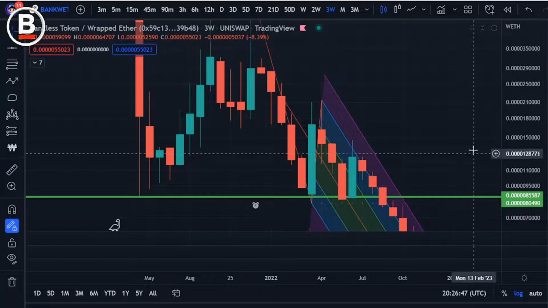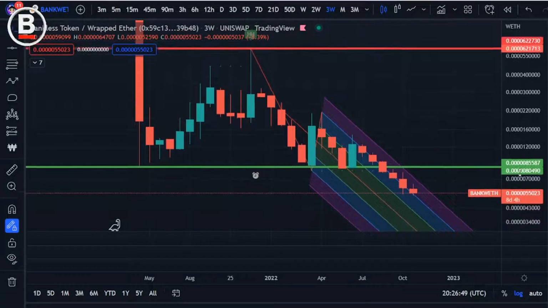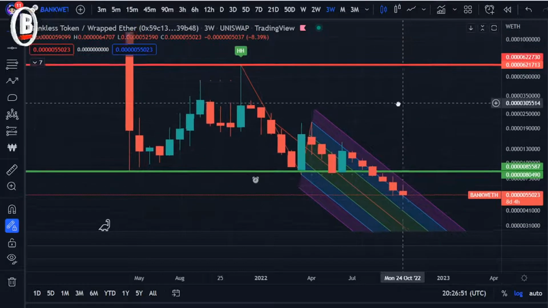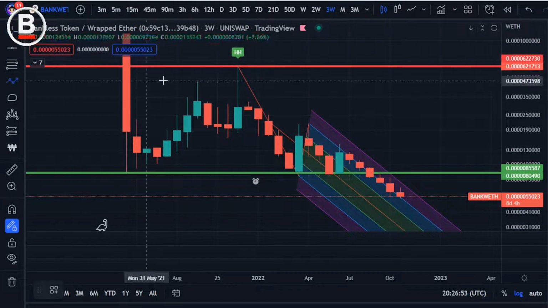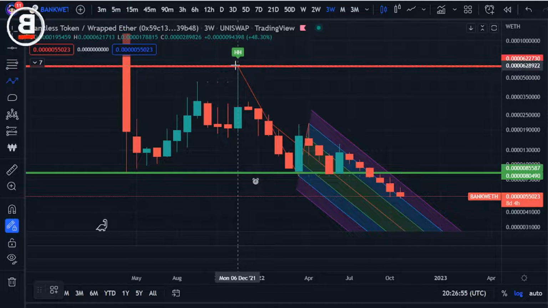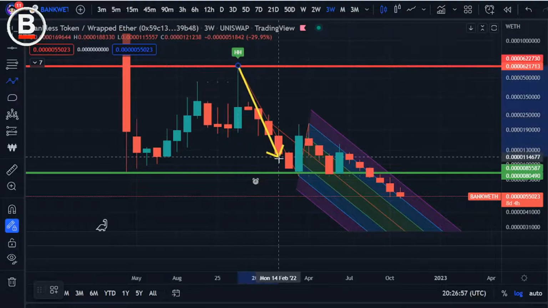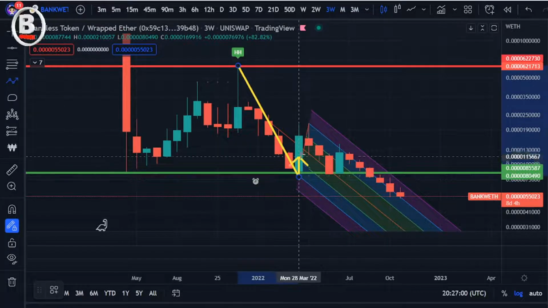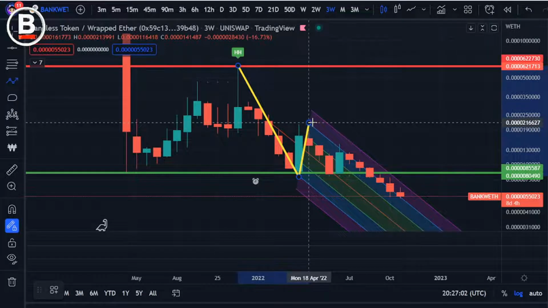Let's check it out. And I love pitchforks for this reason. The way the pitchfork works, you have a swing high, swing low, and you have another swing high.